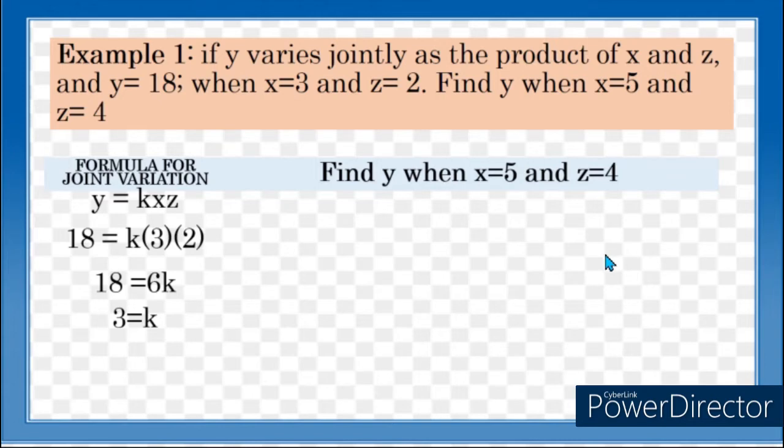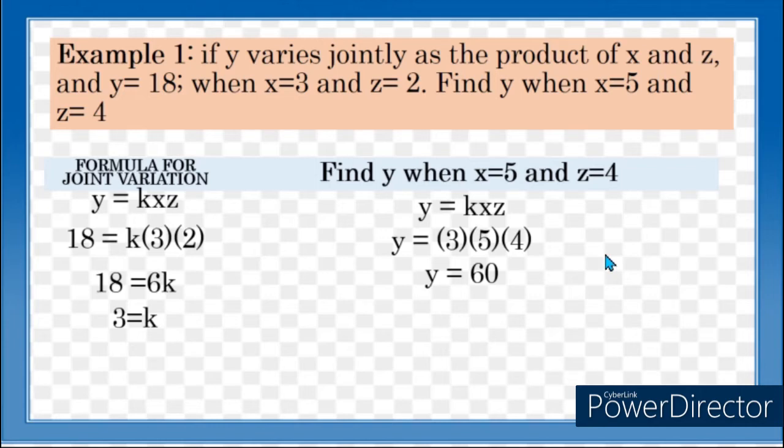Since nakuha na natin yung value ng constant kanina, which is 3, substitute lang natin yung value ng k and value ng x and also the value of z. So we have here y is equal to 3 times 5 times 4. So multiply po natin itong tatlo. 3 times 5 is equal to 15 and 15 times 4 is equal to 60. Therefore, the value of y dito sa problem natin is equal to 60.